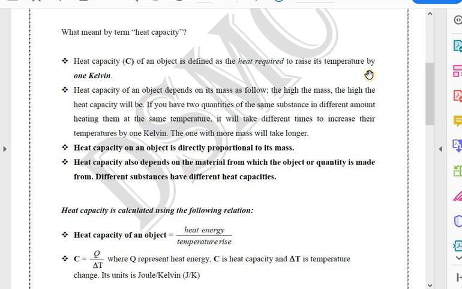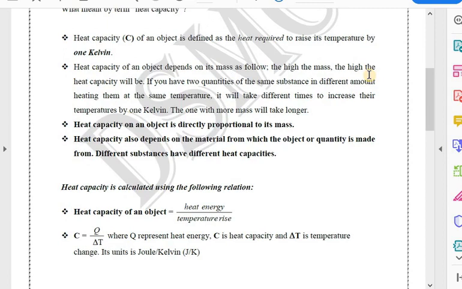Imagine an object, whether it's a metal spoon, a plastic spoon, sand, or a brick, whatever object you might think of, the amount of heat that is required to raise the temperature of that object by 1 Kelvin. And remember that 1 Kelvin is equivalent to 1 degree Celsius.